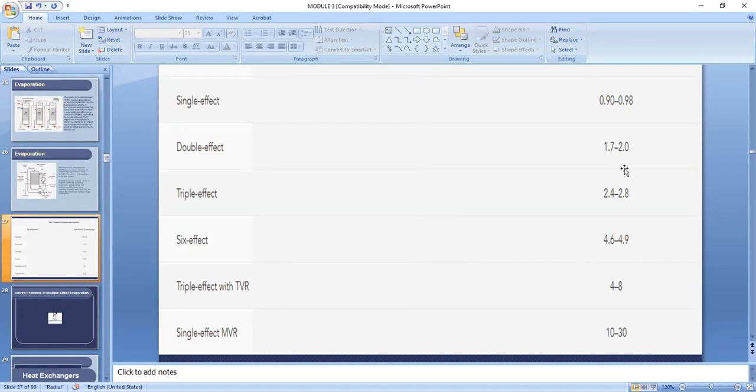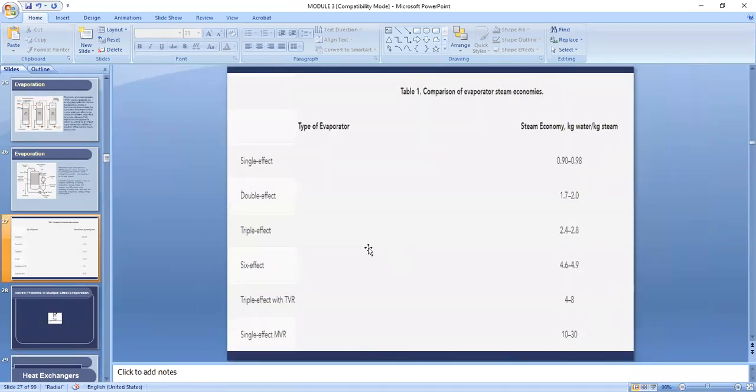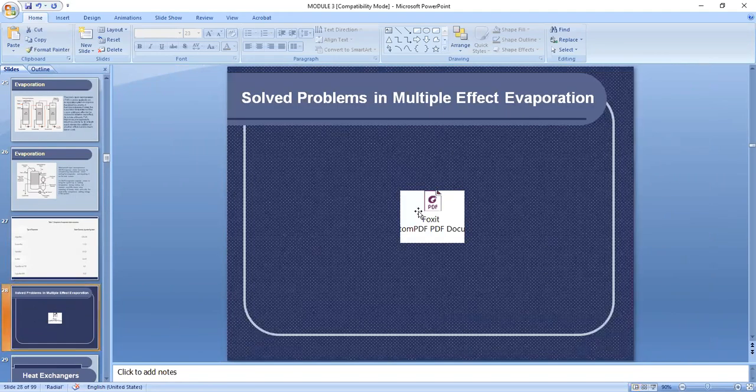This is also economical, but there is initial capital expenditure for this because imagine in here you have to put up 6 evaporators. This one 3, this one 2, this one 3 with TVR. Okay, so this was not shared to you last year, so please read on this just in case it would be asked of you. Now in here, you're going to click on this.